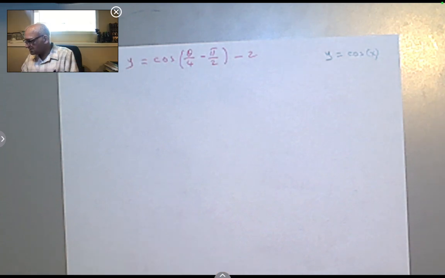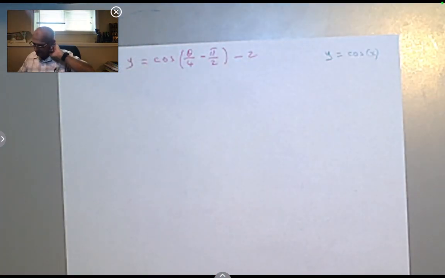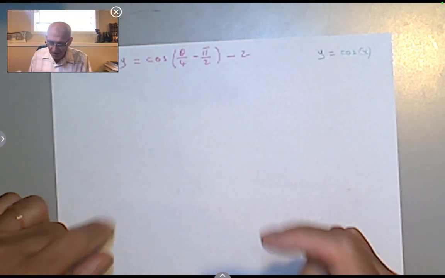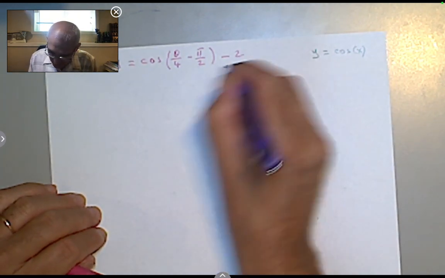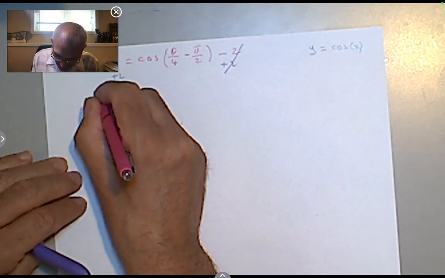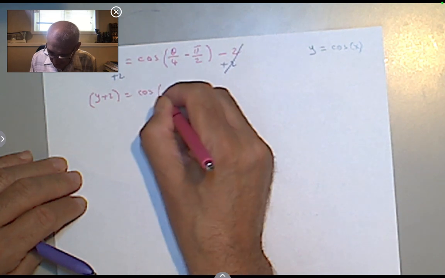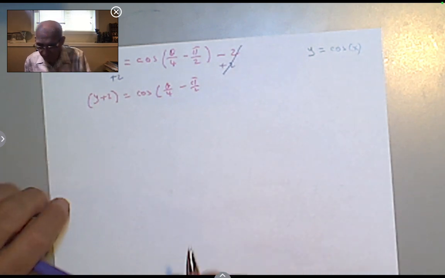So only the cosine should be on the right hand side. Let's look at the left hand side. Again, I only need this part. So I'm going to add 2 to both sides. So that would be y plus 2 equals cosine of theta over 4 minus pi over 2.